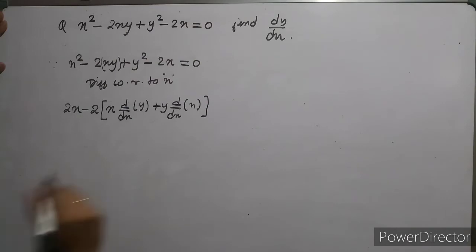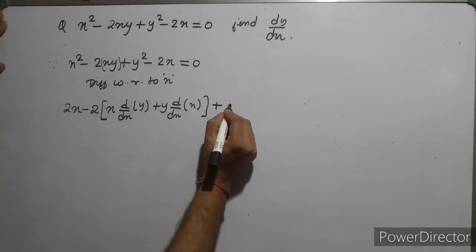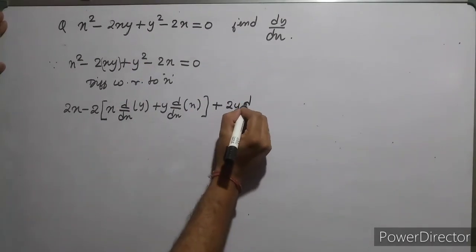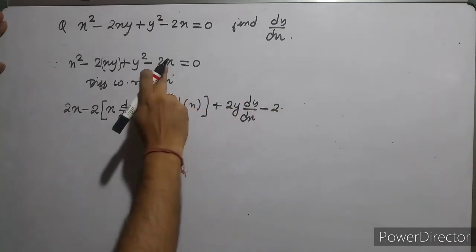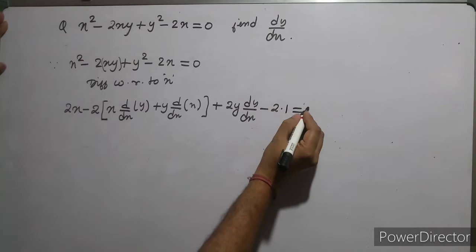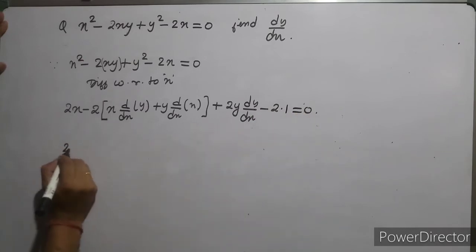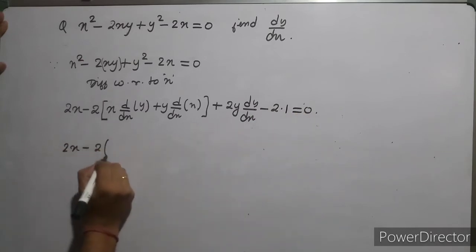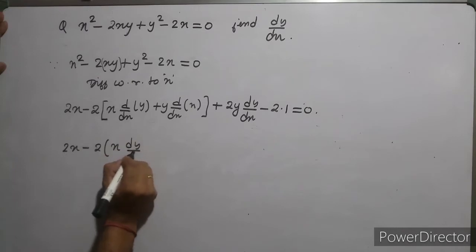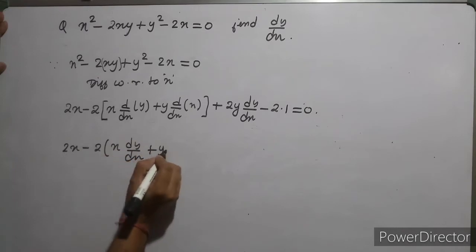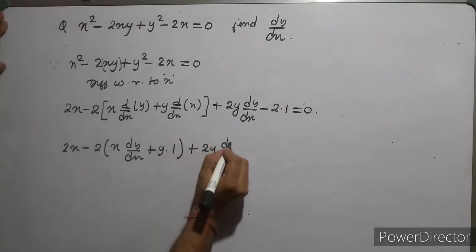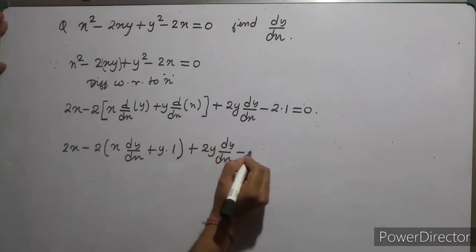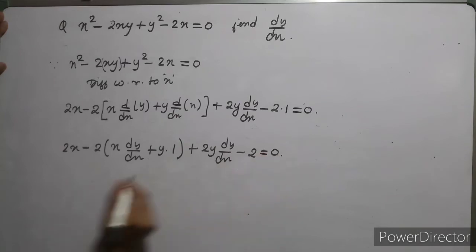Clear? Then the derivative of y square is 2y dy upon dx, minus 2, derivative of x is 1, equals to 0. So 2x minus 2 times x dy upon dx plus y, derivative of x is 1, plus 2y dy by dx minus 2 is equal to 0.